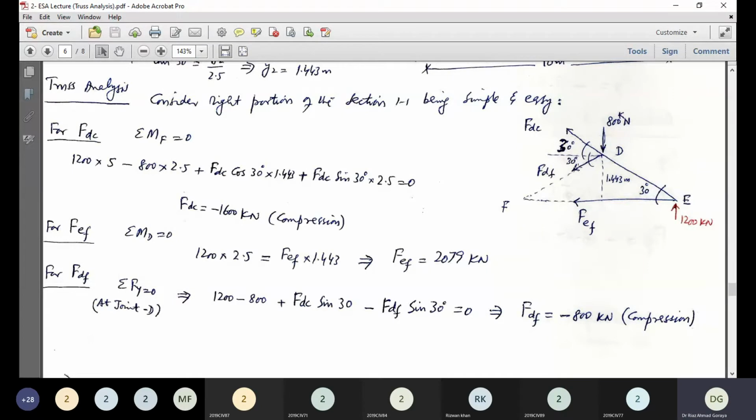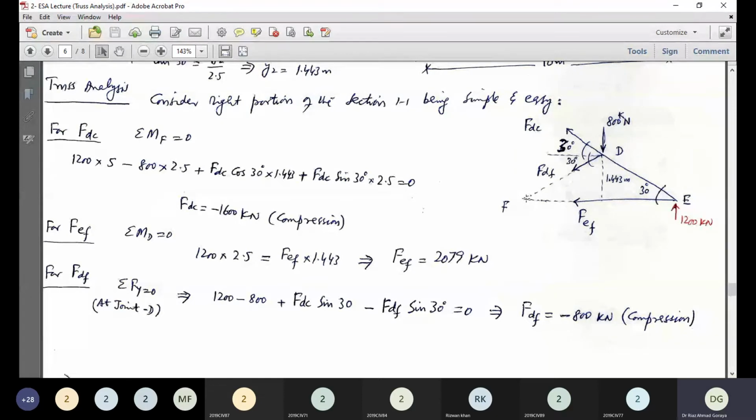So FDC, FDF, and FEF, three required member forces. Again, the same concept we are going to apply, that is for member DC, the appropriate moment center is F, because the other two will become 0, and only one unknown member will come into the picture at a time.